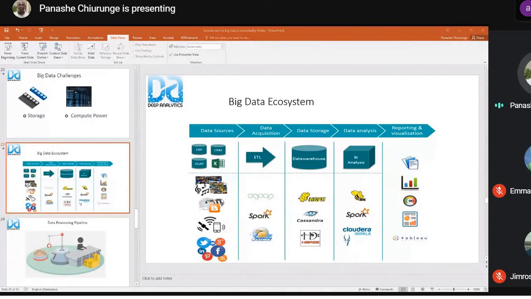Right. So if you look at the big data ecosystem, there was a big data ecosystem which was talked about a lot in the past decade, especially starting around 2012 up to about 2016, 17, and then the model changed. If you look at the various data sources, the data acquisition was mainly through what we call an ETL process, which is extraction.